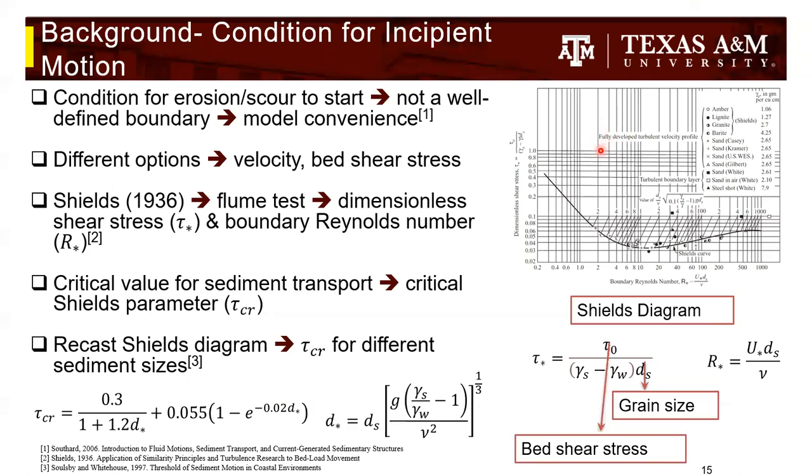Now, as we see on the right-hand side, there is a relation between the boundary Reynolds number and the dimensionless shear stress, which is essentially the Shields diagram, which tells us, depending on the different particle size or the particle diameter, how the critical shear stress would vary and cause the particle to move.